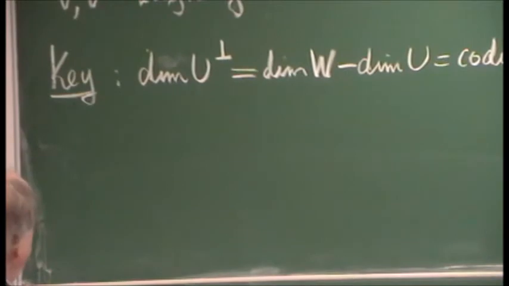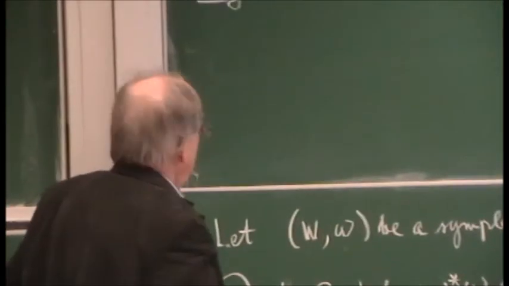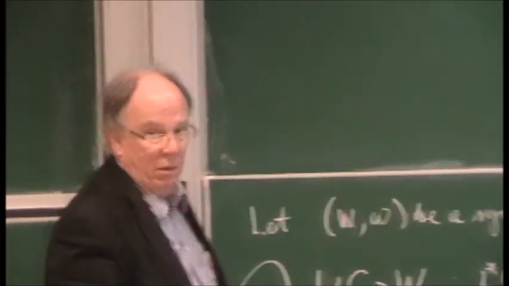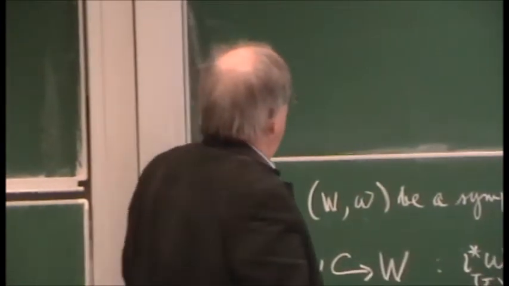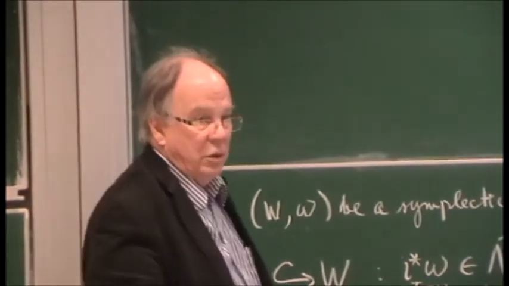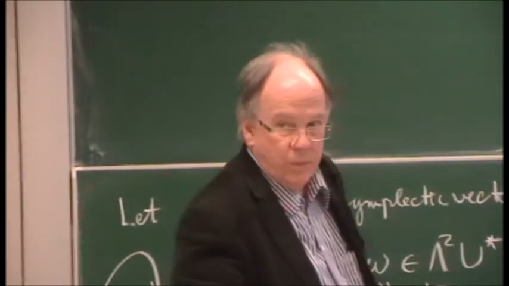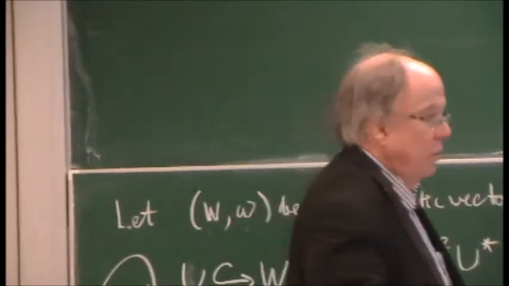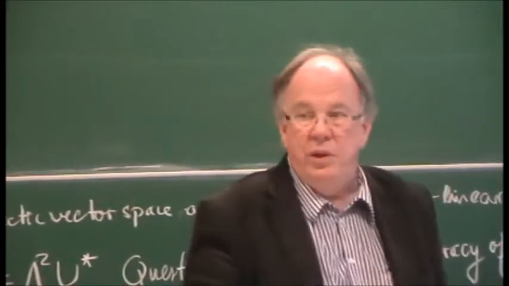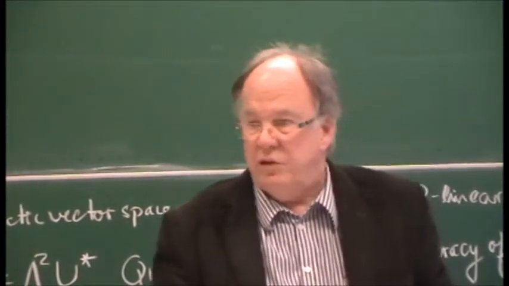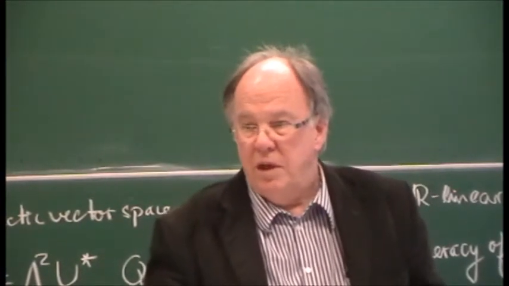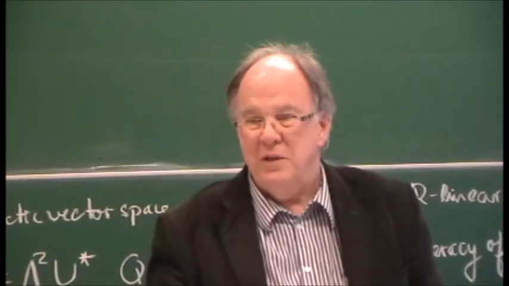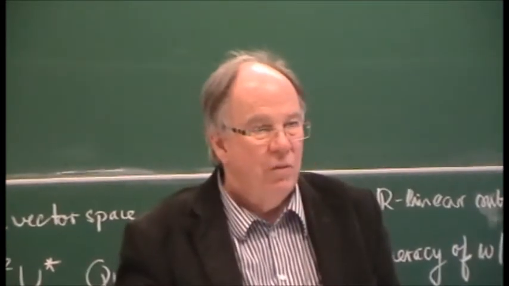So these things are Lagrangian, always, and it's a fundamental example. Is it true for all U which is a subspace of W? Yes, because W is non-degenerate. I mean, is this true for all the W and U? I don't think it's true. Let W be a real vector space, for example, or a complex vector space, or any kind of vector space, equipped with a non-degenerate bilinear form.